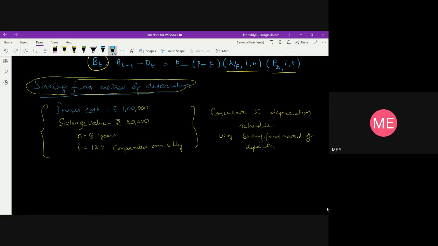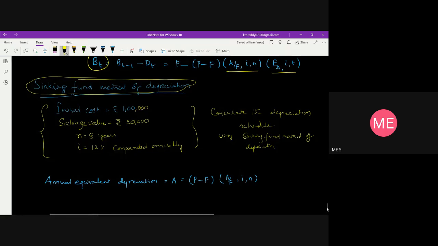The annual equivalent depreciation amount is a fixed depreciation amount which has to be taken care of at the end of every year while calculating the book value. That is A, which is given as (P minus F) into the factor A by F, at i comma n.